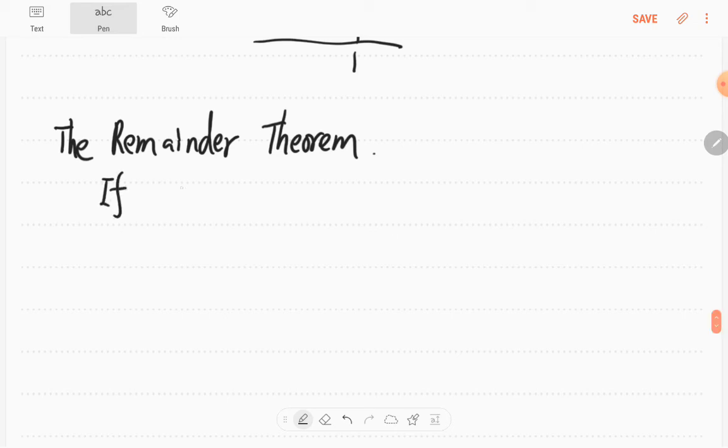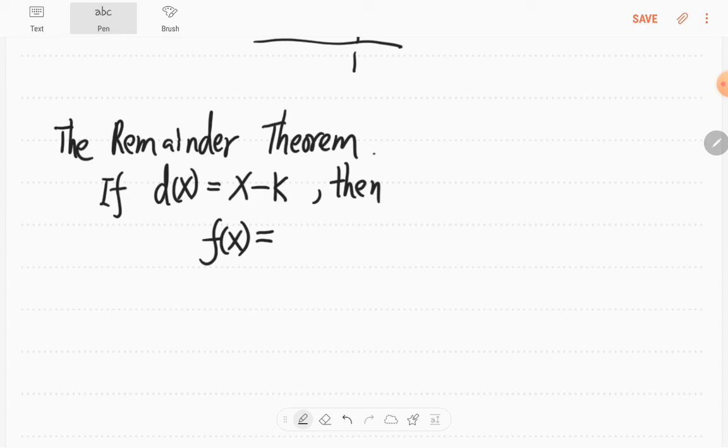If the divisor can be written as x minus k, then f of x divided by this divisor is x minus k times Q of x, then plus the remainder.